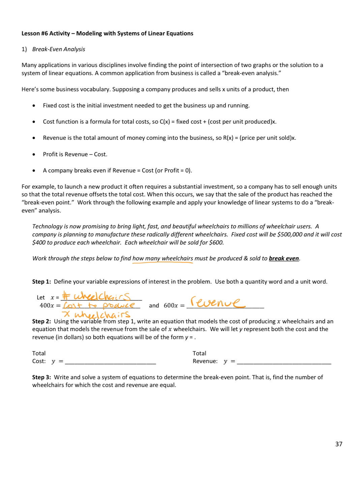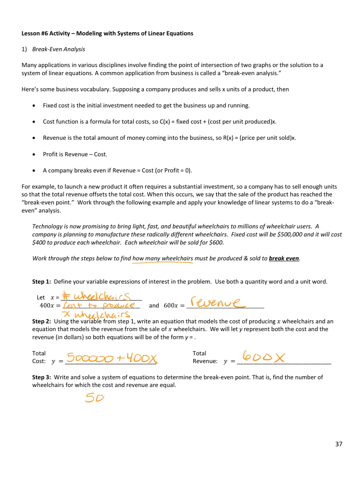So our total cost is our fixed cost, $500,000, plus 400x. And our total revenue is 600x. And now we want to write and solve an equation to find the break-even point. So when does cost equal revenue? That's the definition of break-even.